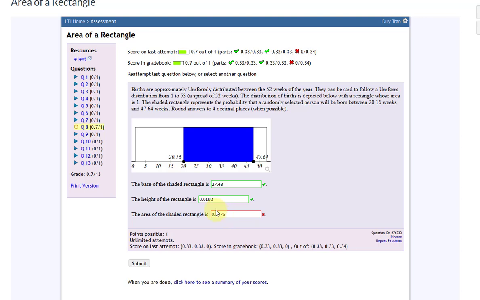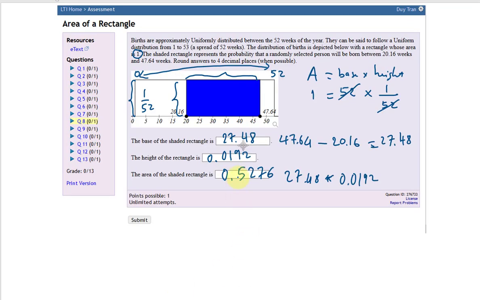You may get this one a little bit wrong because we rounded here. The height is 1/52, but because we rounded it, when we multiply them together, we may be a little off from the answer that the system wants. So instead of using this rounded height, you can multiply directly with 1/52.